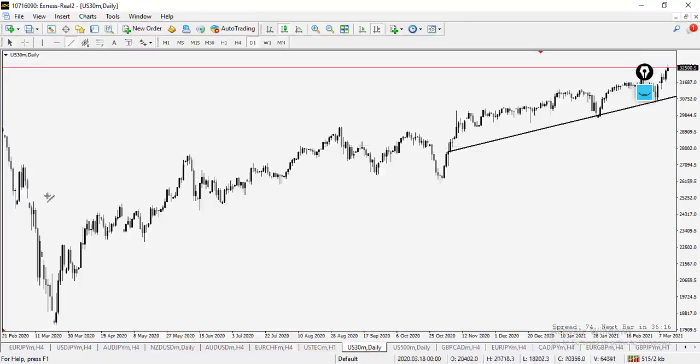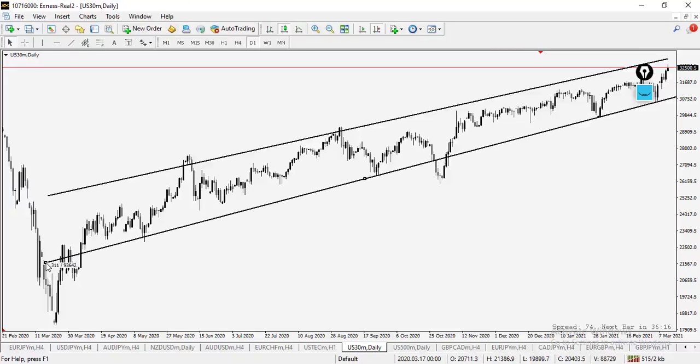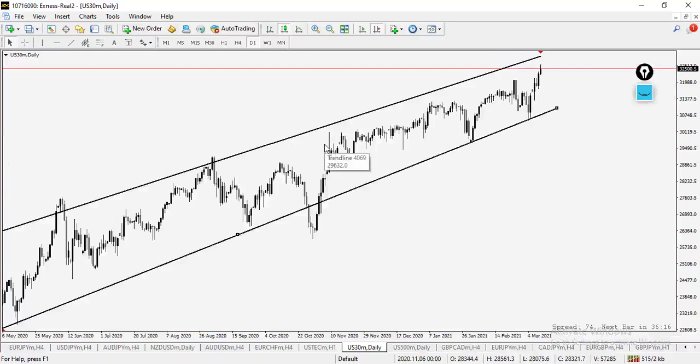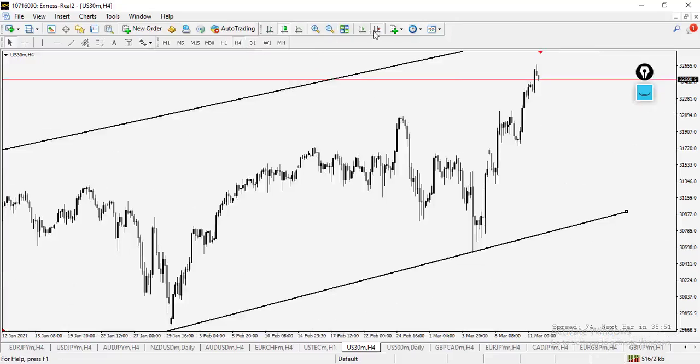This is an ascending channel, the type that was spotted earlier on. This is the daily chart. Then I decide to step down one more time, and it's still trending up. So I have gotten my confirmation that yes, this is an uptrend.